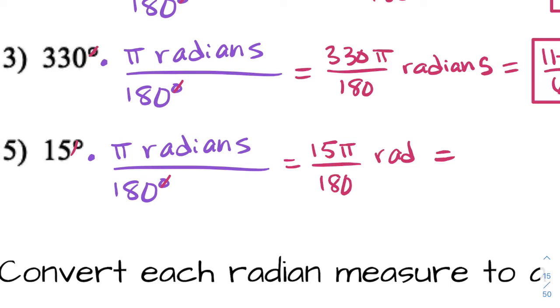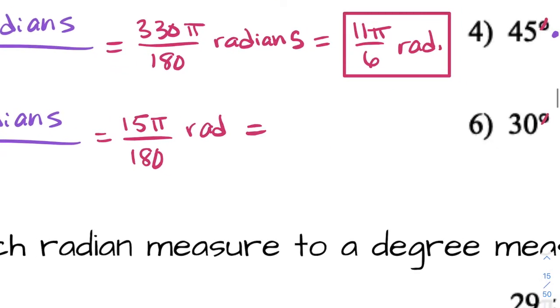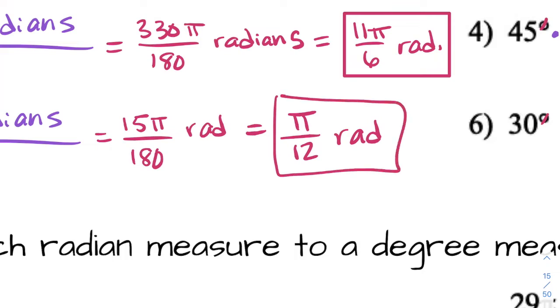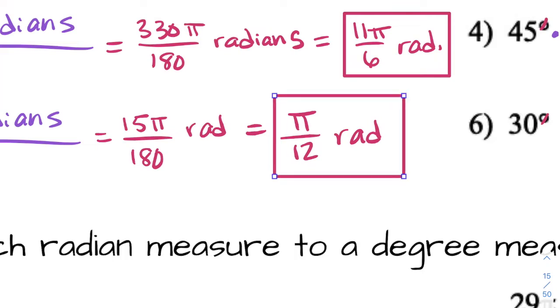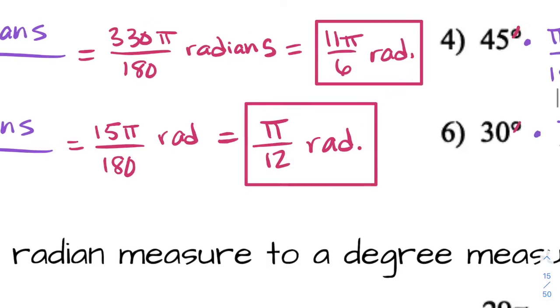So 5 over 60. Oh, they're both divisible by 15, actually. Yep, 180 divided by 15 is 12. This is actually going to be 1 pi, or just pi over 12 radians. And we are done. Notice I'm not being lazy. I'm labeling these all as radians because they're radian measures.